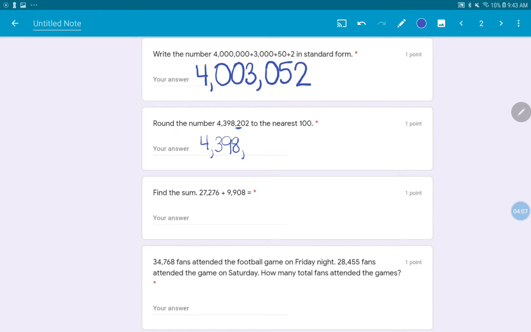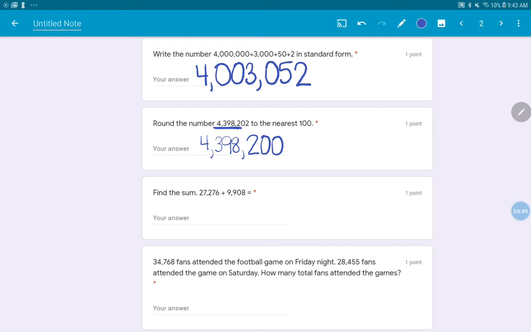And then put 000. If I'm rounding to the nearest hundred, do I need to keep that 2 or do I need to make it go up? Keep it. Yeah, that 0 tells the 2 to stay the same. And then my 10s and my 1s turn to zeros. So I'm taking my hundreds place value and everything larger. The 0 tells the 2 to stay the same. So rounded to the nearest hundred, it's 4,398,200.